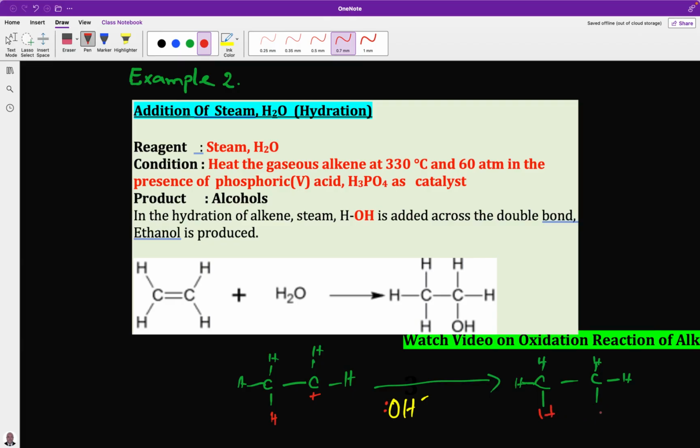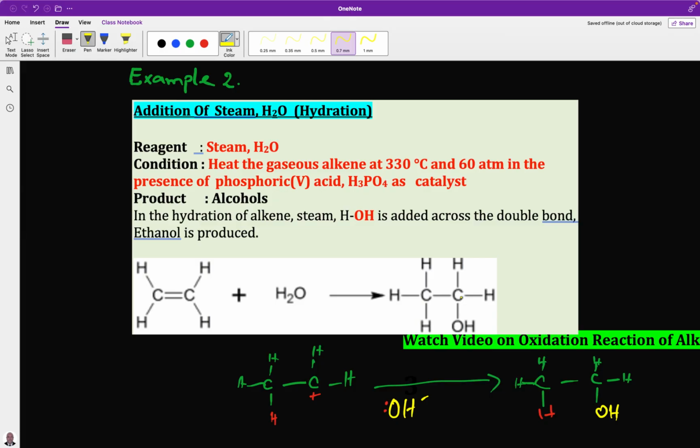The new bond is here, between the lone pair of electrons on the oxygen and the carbon. And that is why you see this structure like that.